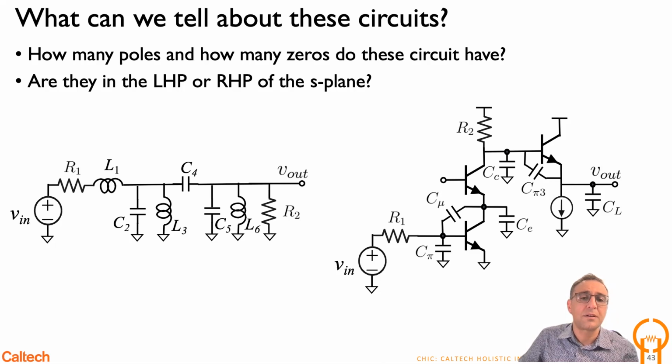So H346 is the largest transfer constant that's non-zero, and that tells you that you have 3 zeros. In this case, since the polarity is not changing in any of these cases, there's no inversion involved, so you know that it's going to be left half plane. So you have 5 left half plane poles and 3 left half plane zeros in this example. And that's how you know a lot of things about this.